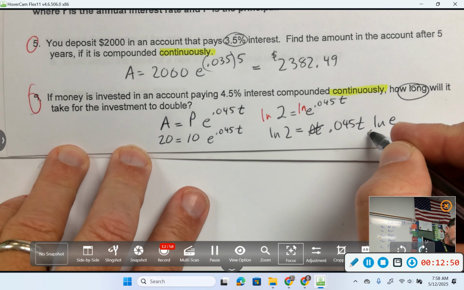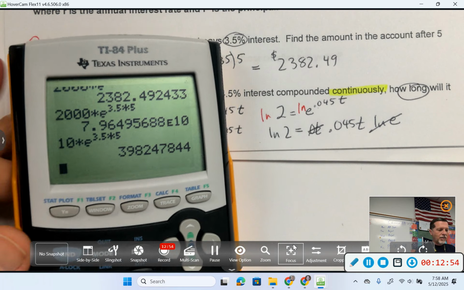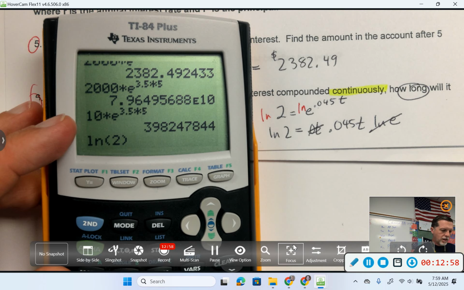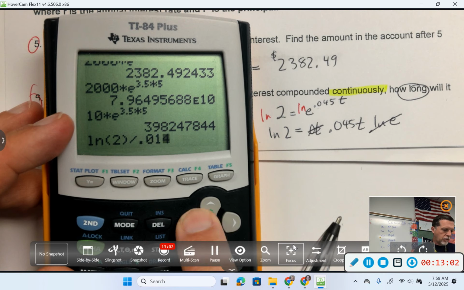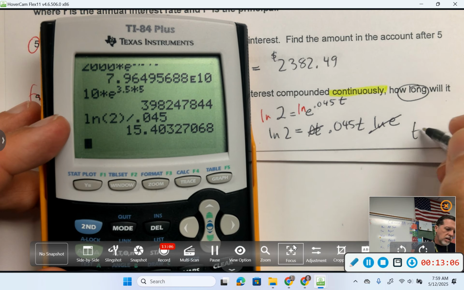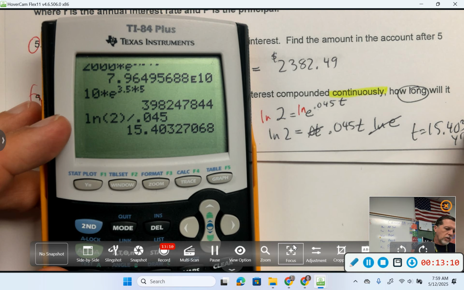But hopefully most of you would realize, wait a minute, that's just 1. And now all I have to do is natural log of 2 divided by 0.045. So 15.403 years.